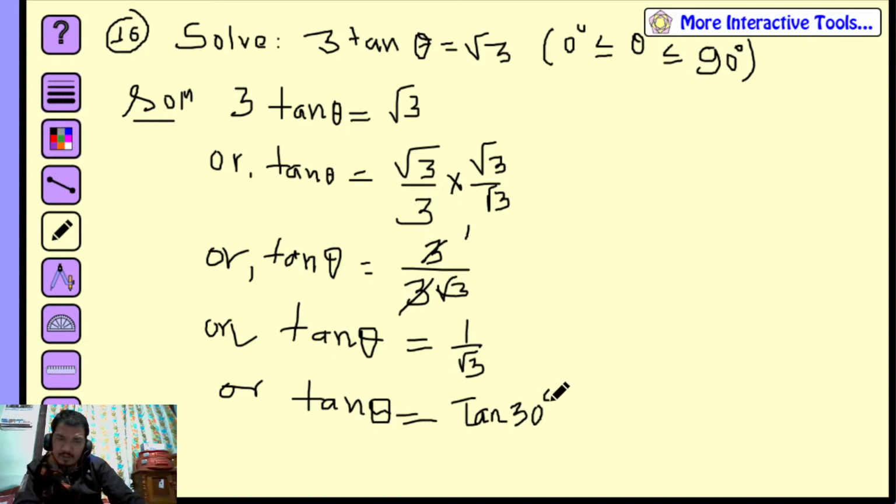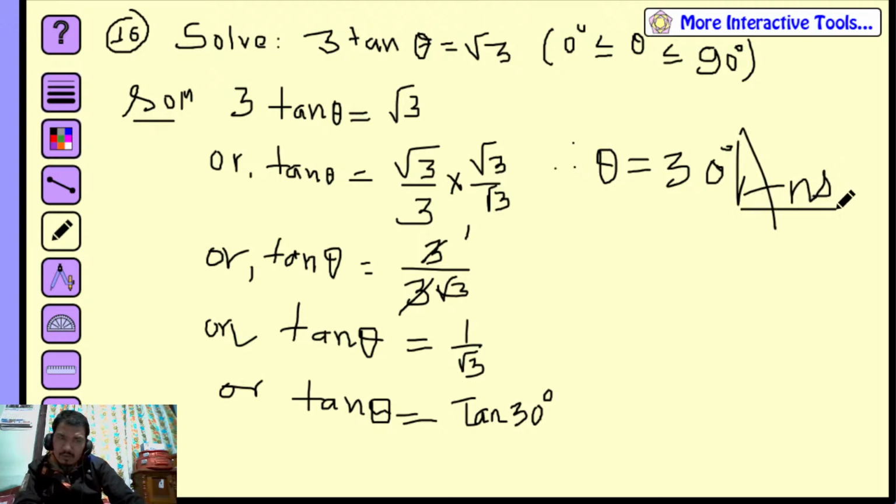Therefore, as we know that this tan is the same, that's why theta value will be 30 degree. 30 degree is the required answer for this question. Like this we have to solve this type of question of question number 16.